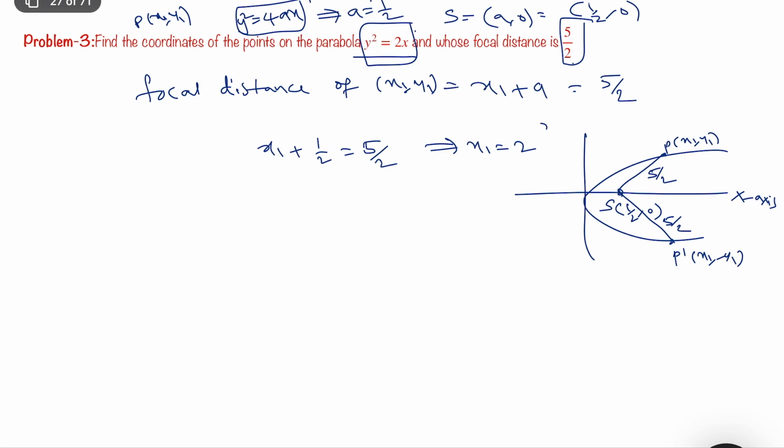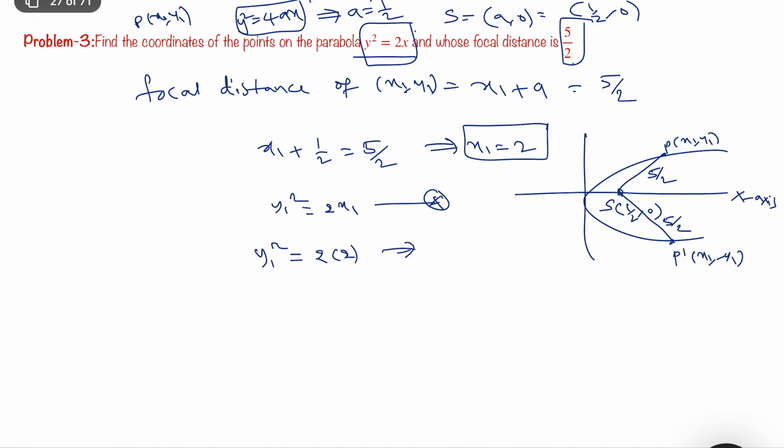Okay, first of all we got x1 equal to 2, right? Now we want to find out the y coordinate. But what do we know here? x1, y1 is a point on the parabola y square equal to 2x. So we should have y1 square equal to 2x1. Now if you plug in x1 equal to 2 here, we should be getting y1 square equal to 2 times 2.